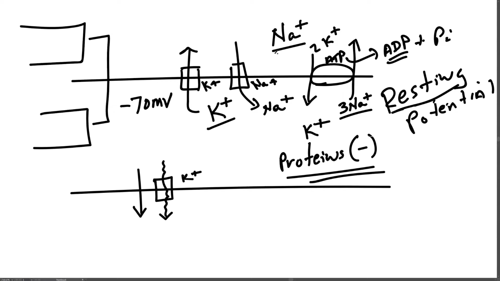There's a high concentration of sodium outside of the cell, and we have sodium-potassium pumps that pump sodium out of the cell and potassium into the cell at the expense of the hydrolysis of 1 ATP molecule. And as this goes on, the axon reaches an equilibrium, and the equilibrium is such that the inside of the cell to the outside of the cell has a resting potential of minus 70 millivolts.